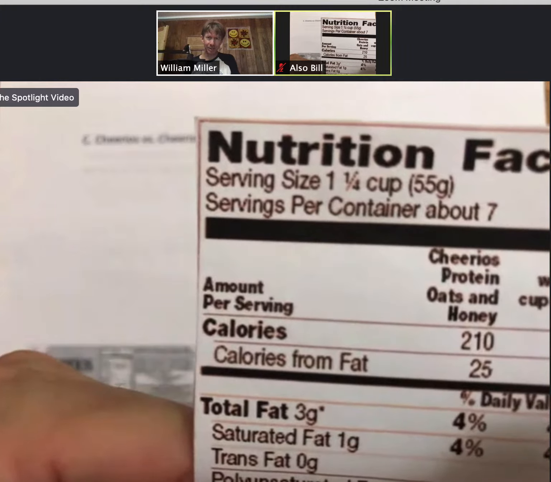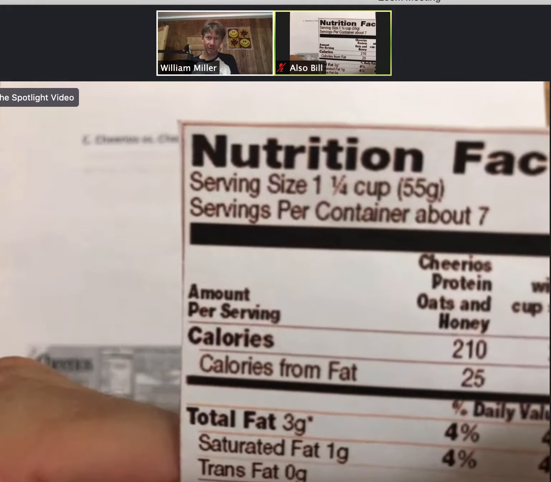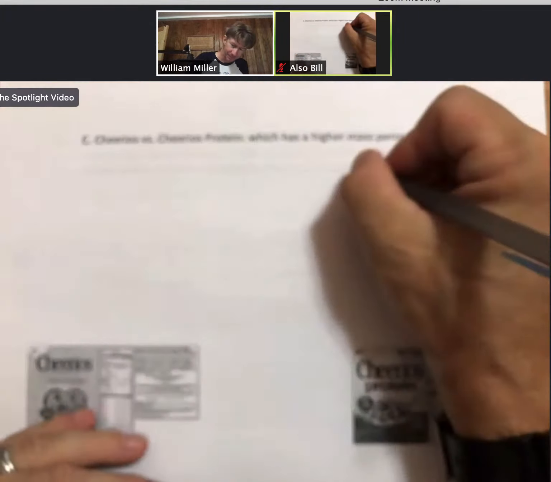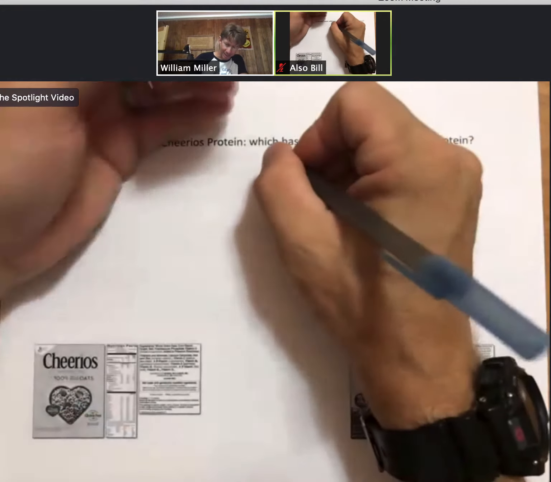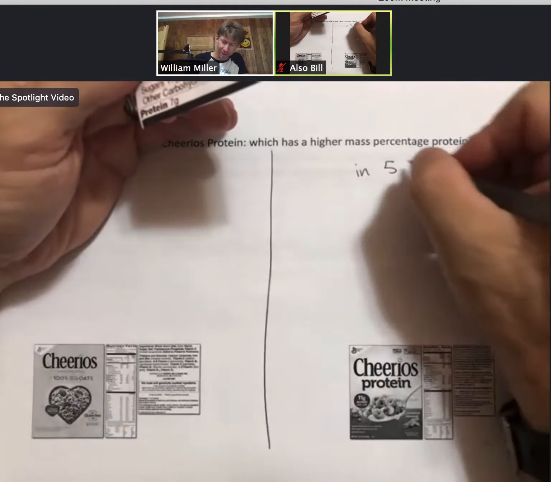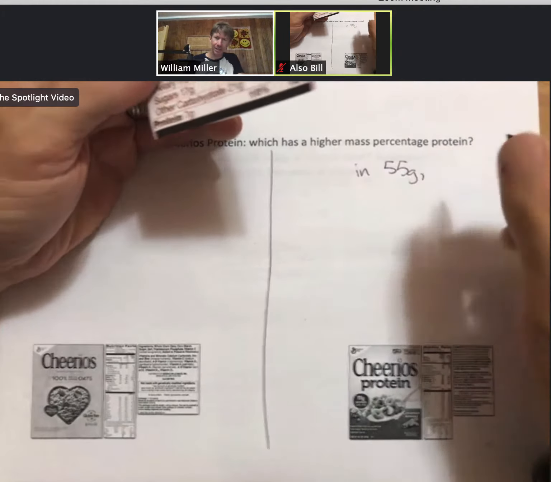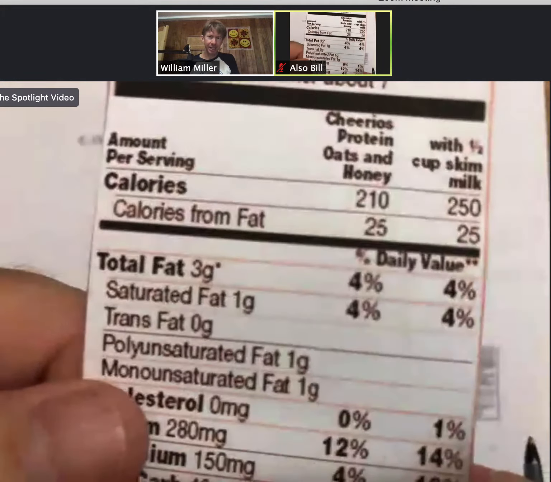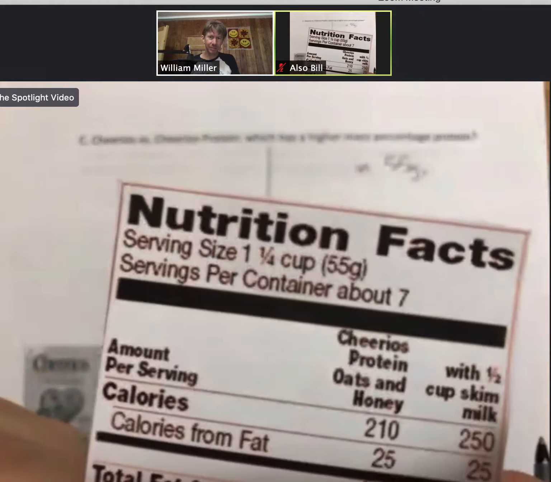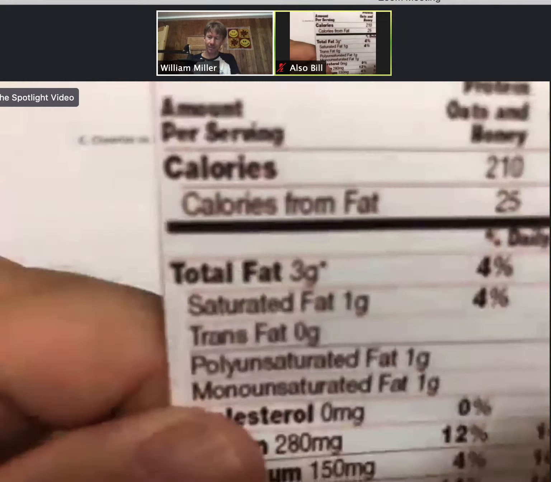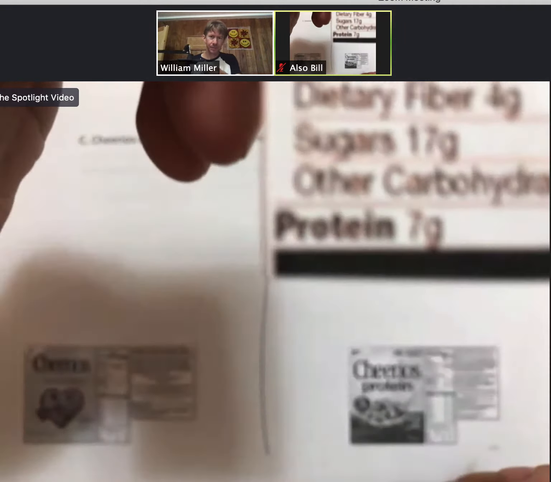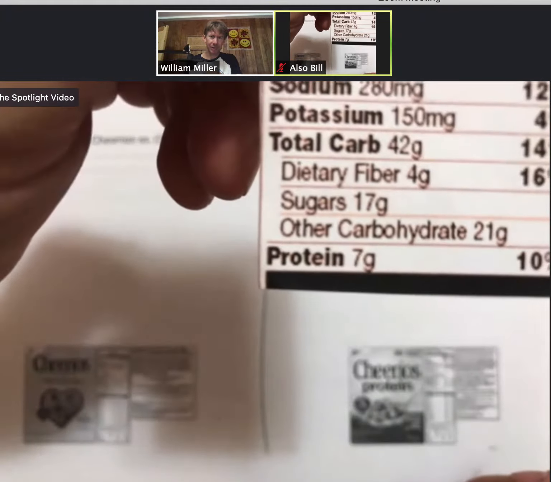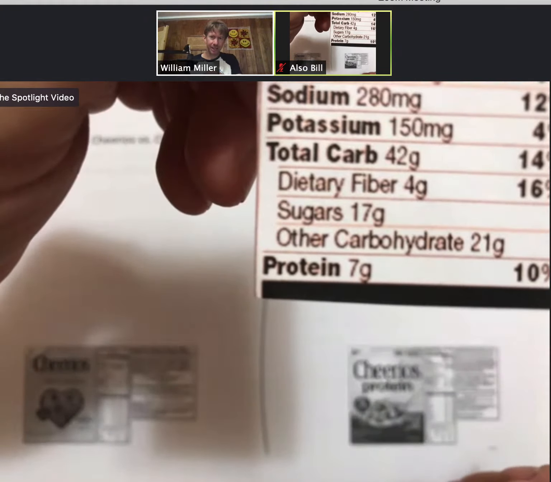And in a serving size of 1 1/4 cup or 55 grams, and I'm going to draw a line here because this is the data for the Cheerios Protein. In a 55 gram serving, there are 7 grams of protein. Okay?